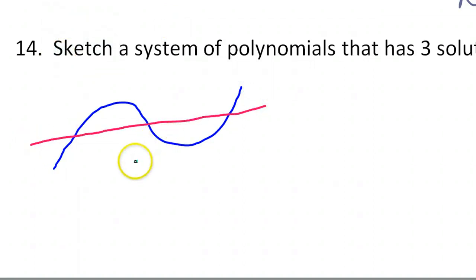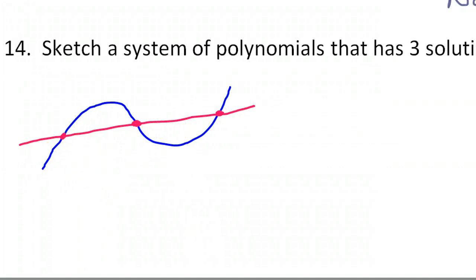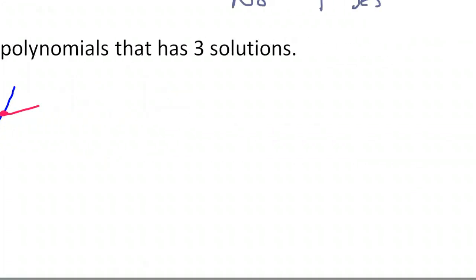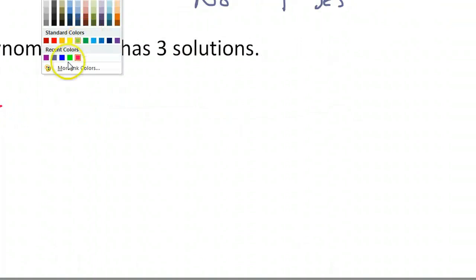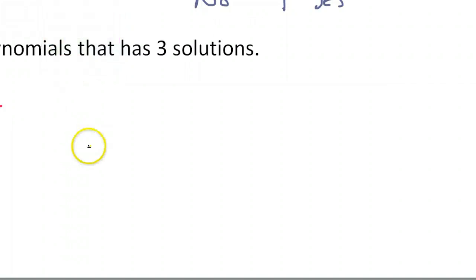If you draw it correctly, then it will have 3 solutions. So that would be one answer right there. Okay, what else? What if we have a cubic and another cubic? Will that get the job done?